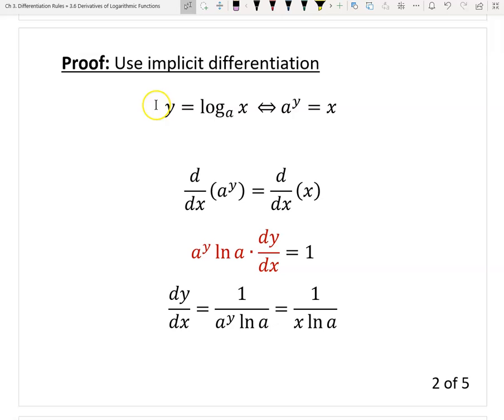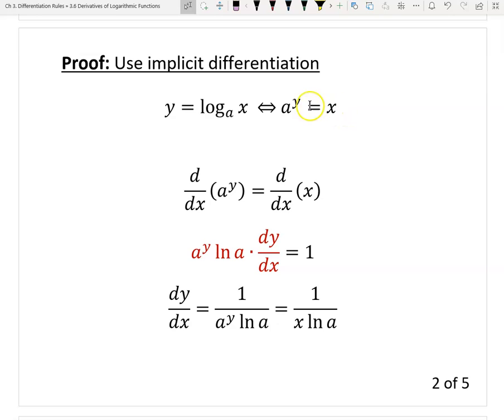All we need to do: the original function is a logarithm, right? And the inverse function we know is the exponential function. The base a raised to the power of the logarithm equals x. So all we need to do is deal with this equivalent equation. Of course, we call it the implicit equation, right?